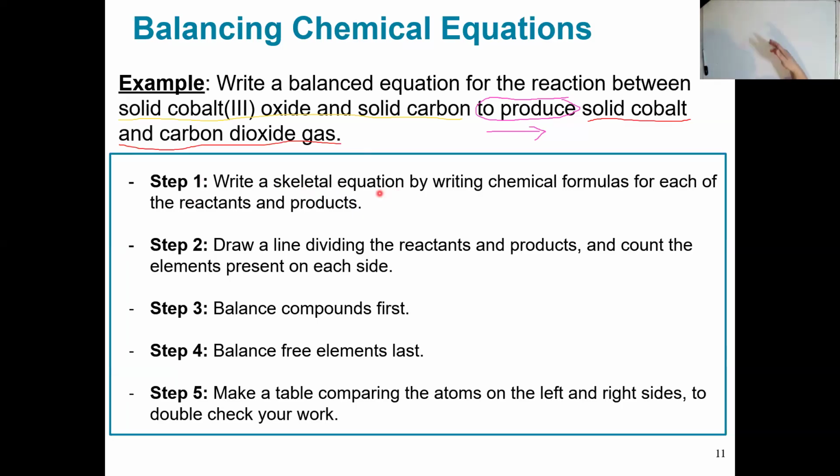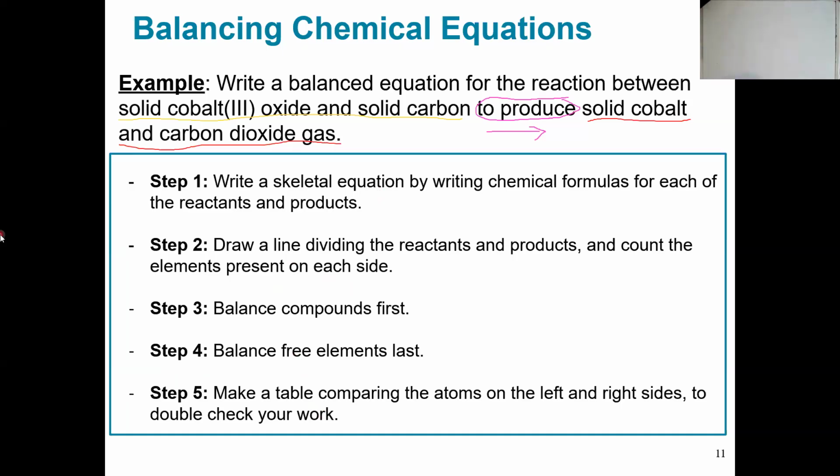So whatever reactants and products they list in the question, we're going to write out the formulas for each of those things. Okay. And then we're going to work on balancing them. And I'll talk you through the rest of these steps when we start on that. But you'll be able to come back to this slide and use it as reference when you're balancing your own reactions.